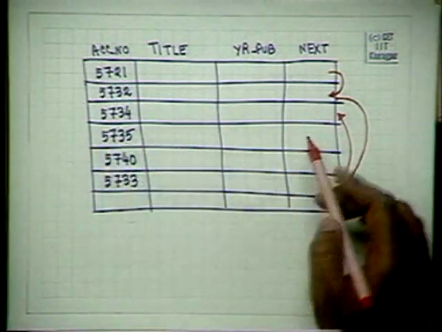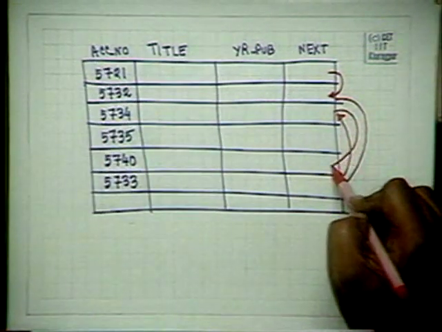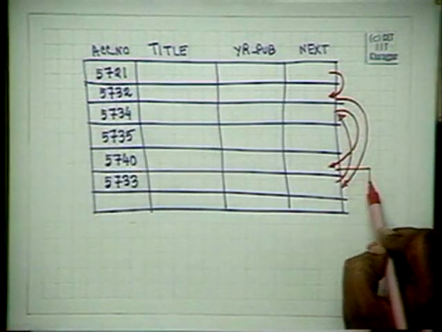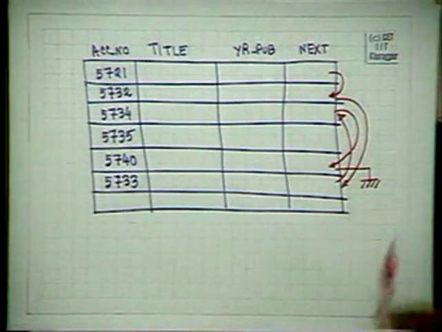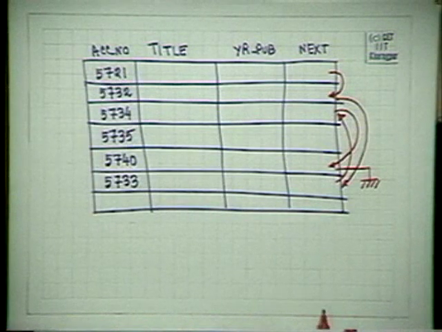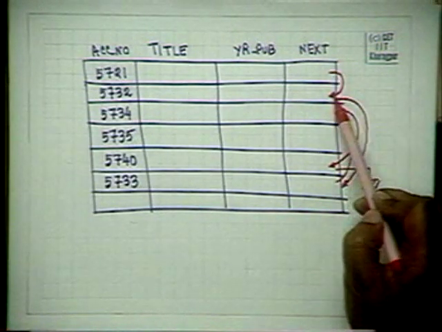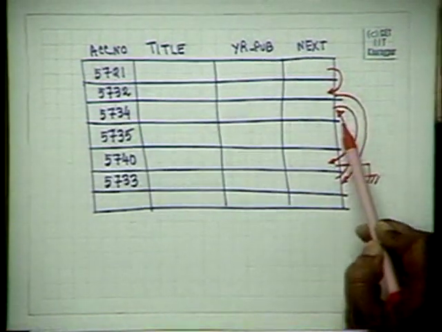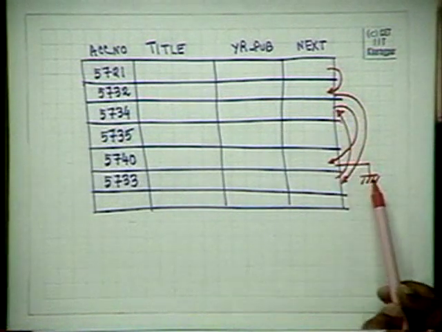This is deleted. So this points here and this is grounded. This was the situation which we had. This points here, this points here, this is here, this is here, and this is grounded.